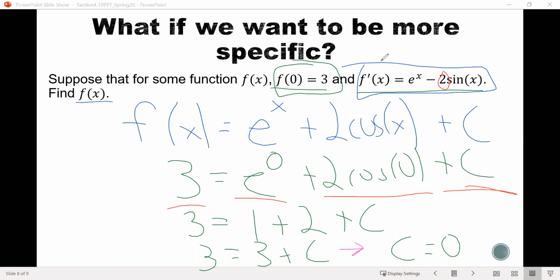Once we have that, we can go ahead and plug that back in up above for c. So this function really looks like, and I apologize, I'm not going to be able to erase this or rewrite this, but our function really looks like f of x equals e to the x plus 2 cosine x plus 0, or just f of x equals e to the x plus 2 cosine x as our answer.